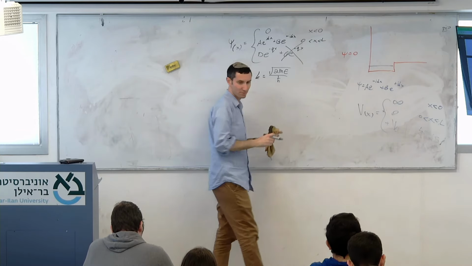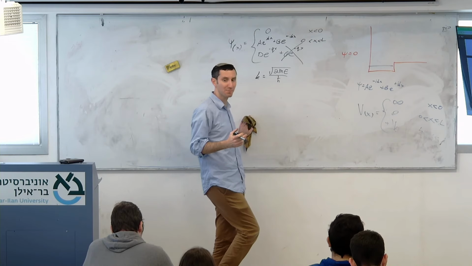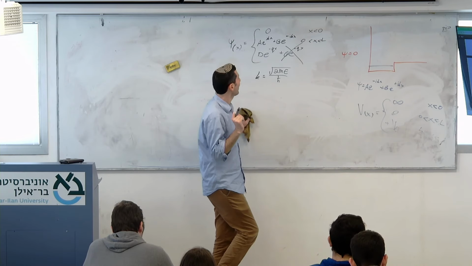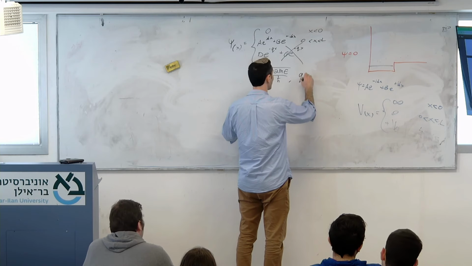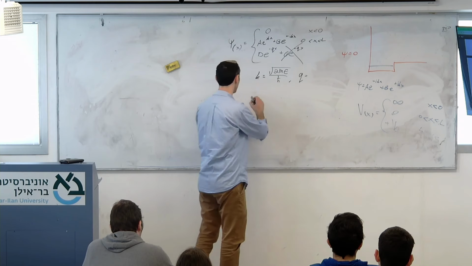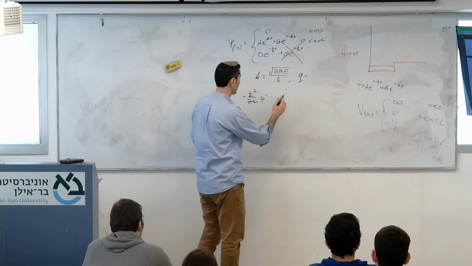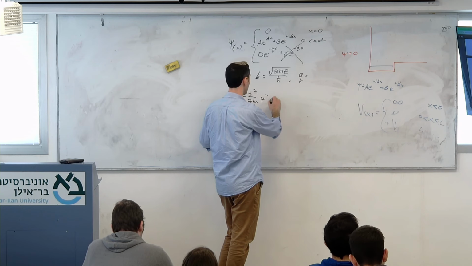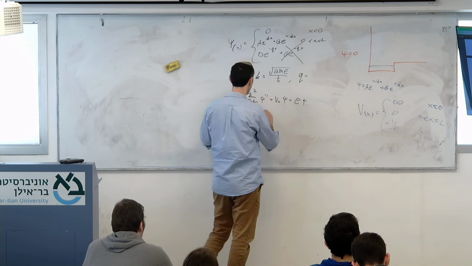This should be 0, because otherwise the wave function is not normalizable. And what would be q? It's the square root. Here I'm going to do plus V naught times psi is equal to E psi.